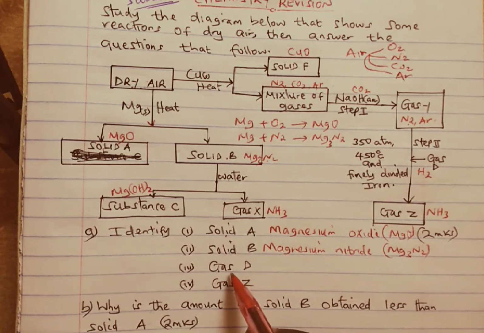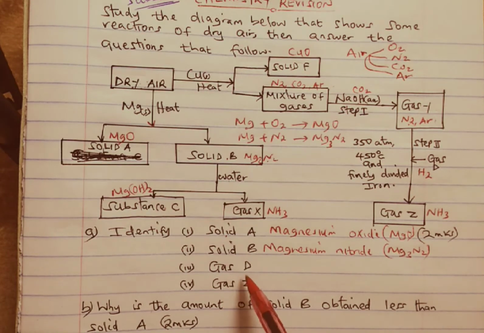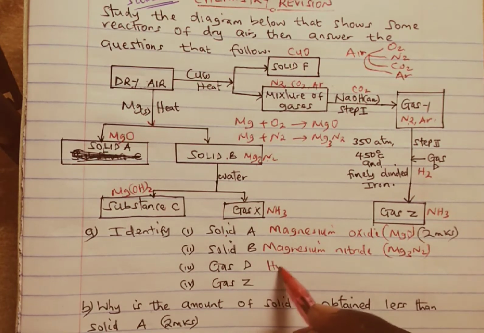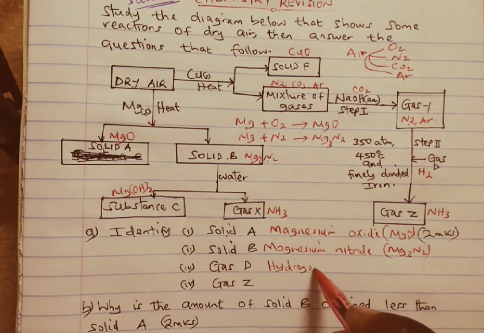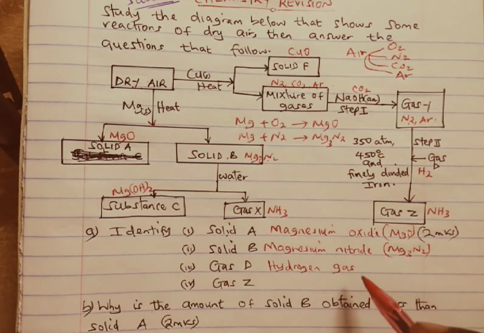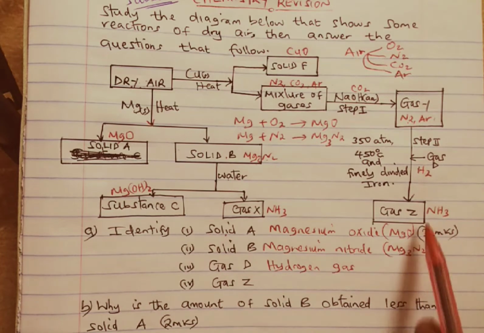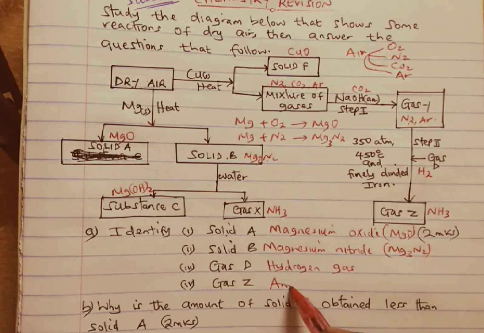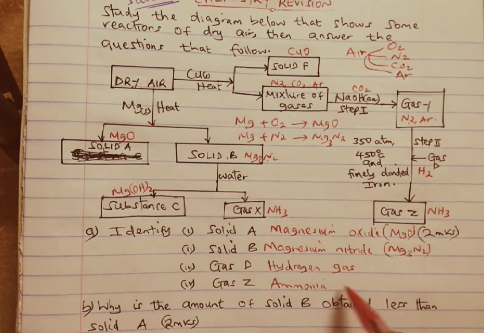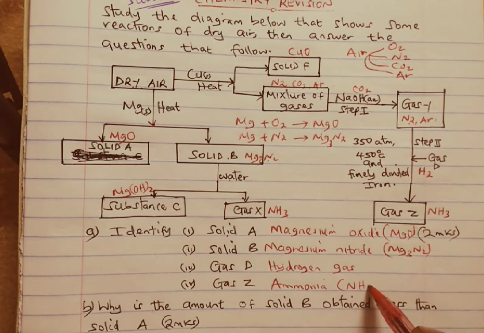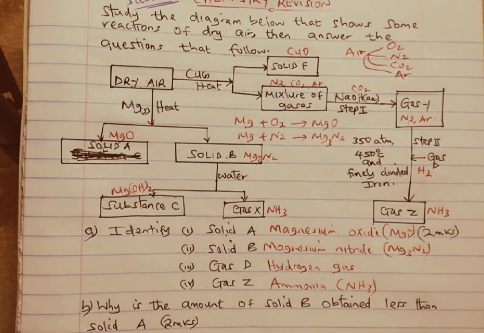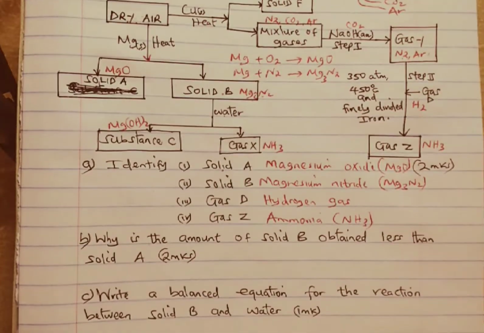Then we have gas D, and gas D is hydrogen gas. Next we have gas Z, and gas Z is ammonia gas, that is NH3. We move down with the questions.